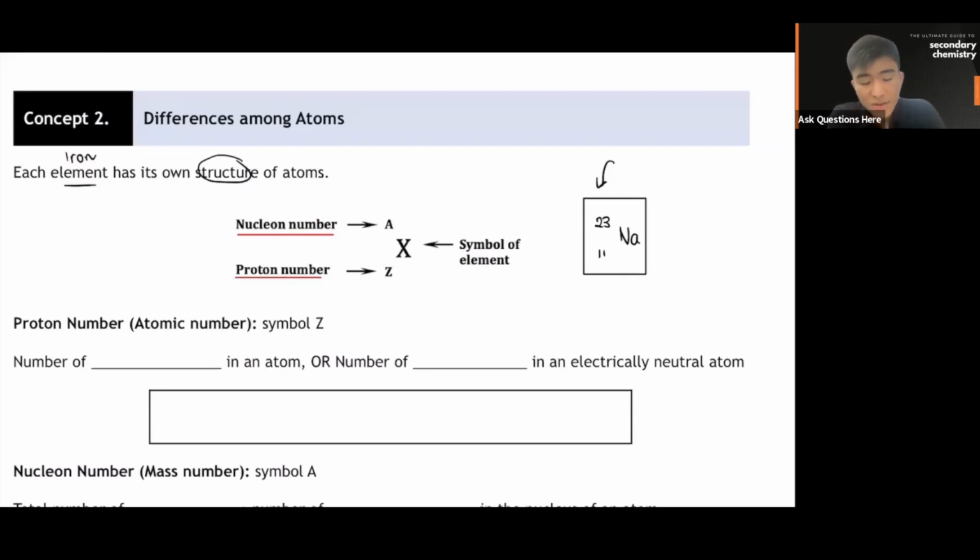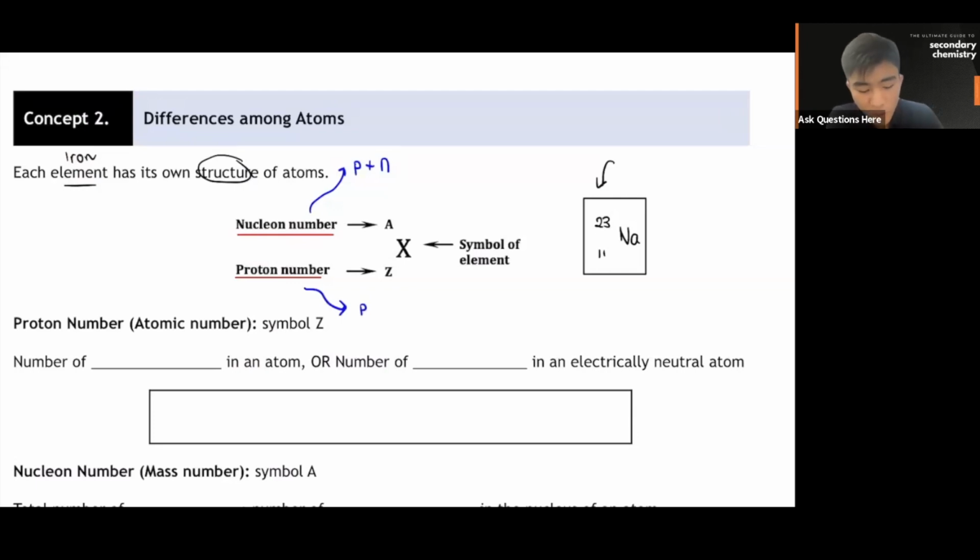Nucleons are made of protons plus neutrons, protons being the positive ones, neutrons being those that are neutral. So this nucleon number is the total number of protons plus neutrons. Now, proton number, what about it? Proton number is basically the number of protons only.